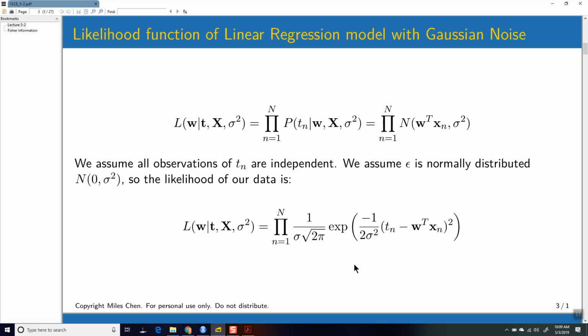And so if we expand this to our Gaussian distribution PDF, we're going to get this. And so right now, the likelihood function of our linear regression model, which is formed by w times x, with Gaussian noise is going to look like this, okay? And so the Gaussian noise part looks like this.